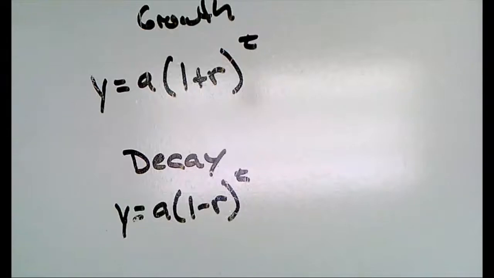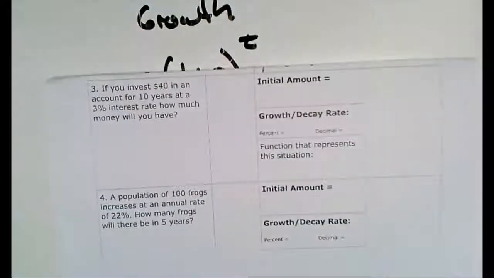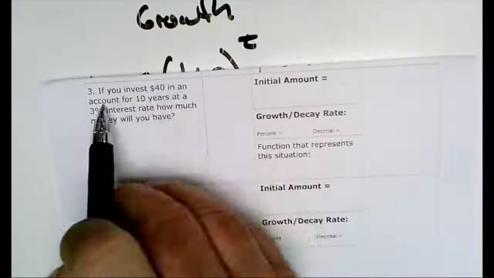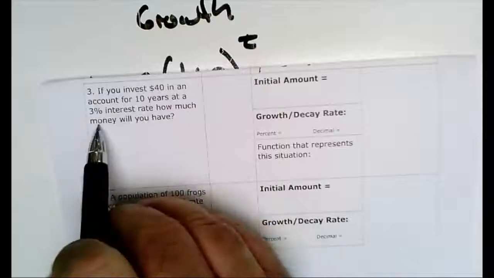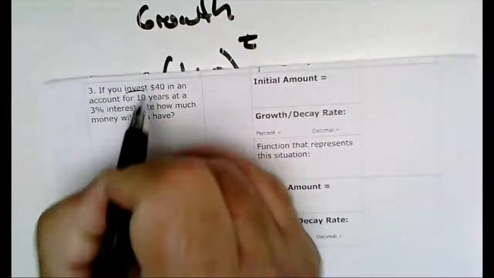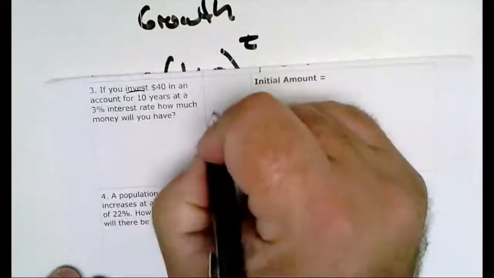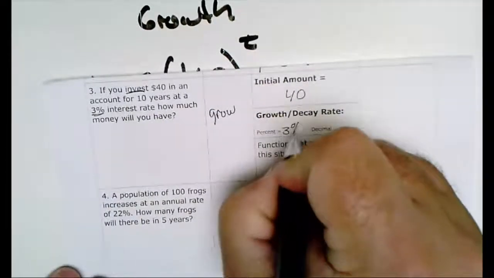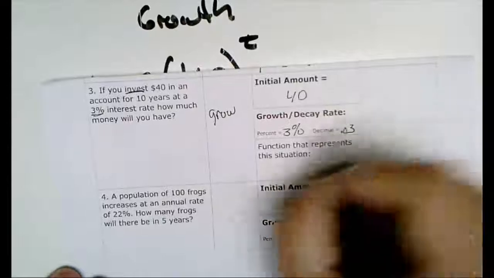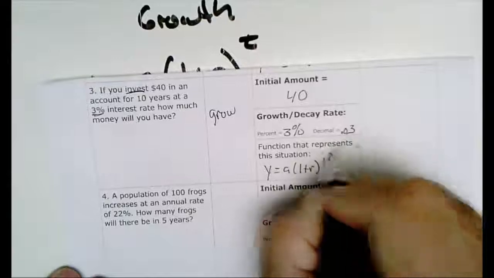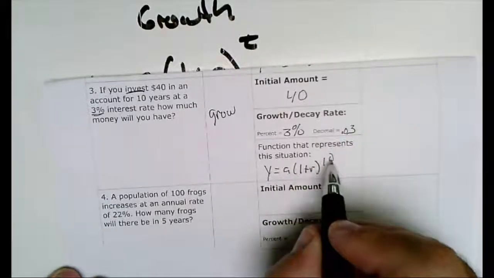Here, we're talking about money. So if you invest $40 in an account for 10 years at 3% interest rate, how much money will you have? Okay, so if you invest, which means you're hoping to gain money, so this would be a growth. The initial amount is $40. At what rate? That's 3%, and as a decimal, that's 0.03. So our model is original amount times that to the 10th power.